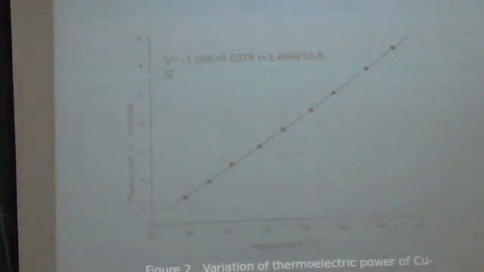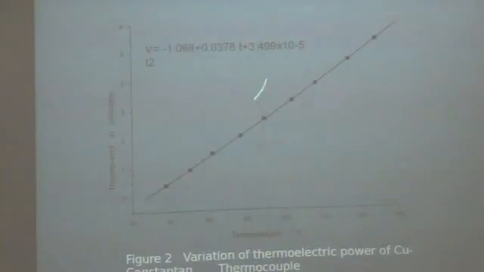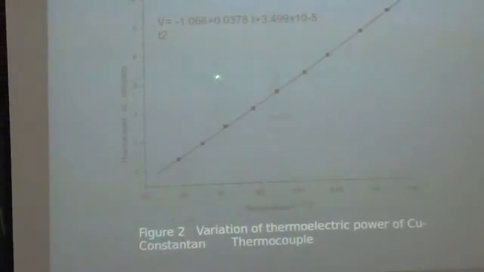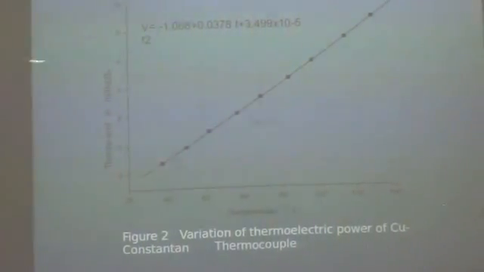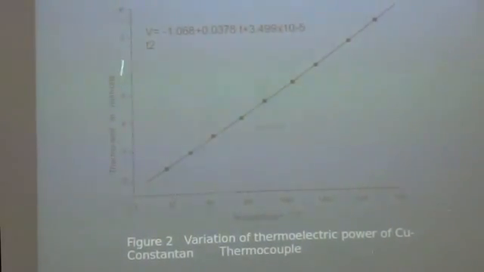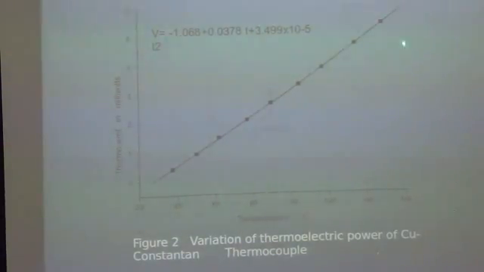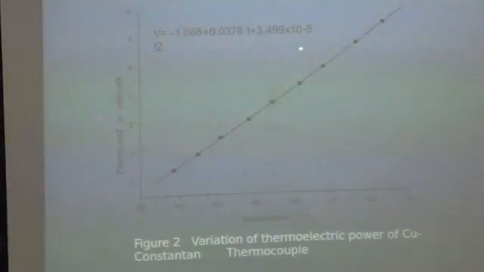Then again, if you plot a graph, here in this case we have thermo EMF. It is again both the readings, B plus and B minus. So (B plus minus B minus) divided by 2 is here. We have a temperature here. If you plot a graph and fit a polynomial, B is equal to minus 1.068 plus this into T plus this one.